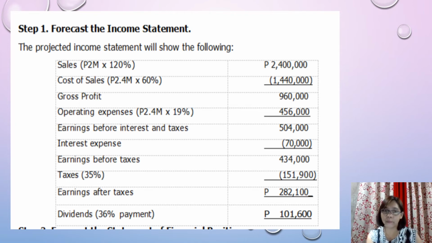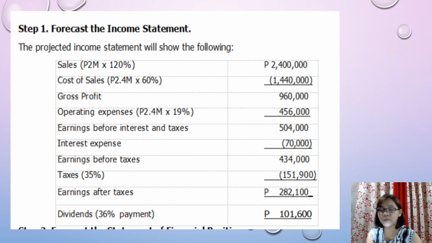So, pinareho lang po. So, 60% cost of sales. Okay? So, yung 60% po ng 2.4 million is 1,440,000.